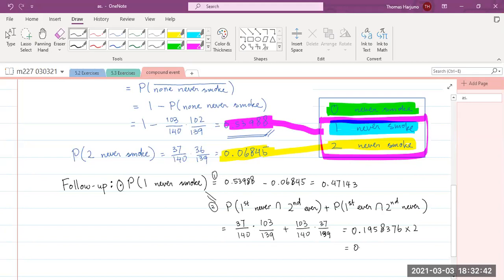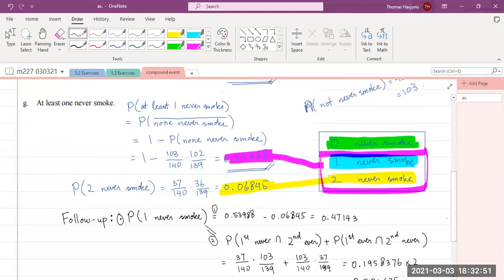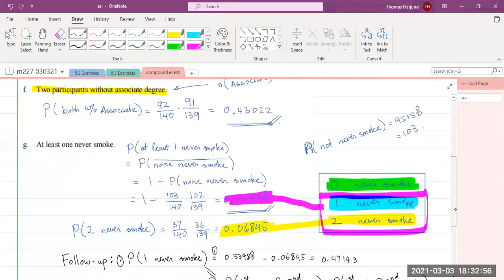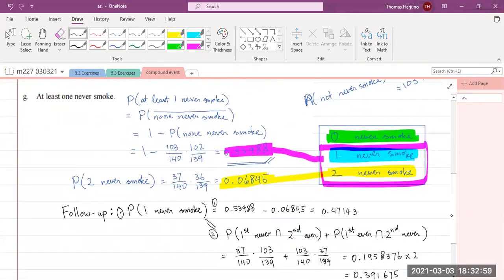Yeah, let me write this down first, and then I check my other numbers in case I have miscomputation. So let me check my number again. 103 times 102 divided by that. Ah, I'm sorry.